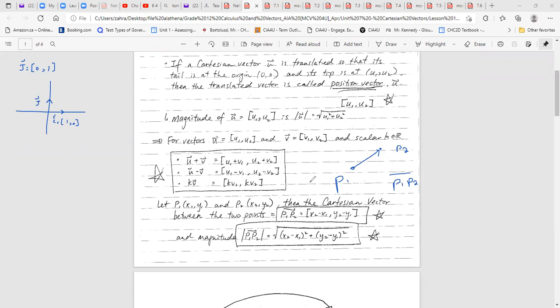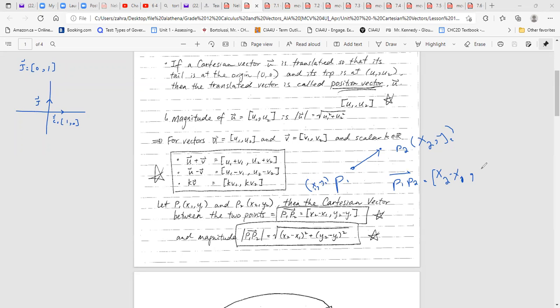Let's say x1, y1 are the x and y components of P1, and you have x2, y2 as the components of P2. So vector P1P2 has an x component of x2 minus x1, the final point minus the initial point.